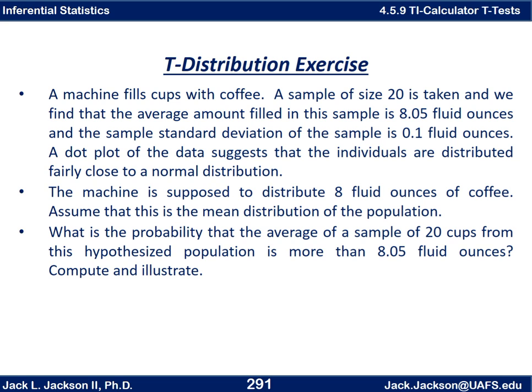A dot plot of the data suggests that the individuals are distributed fairly close to a normal distribution. Or perhaps we did a normal probability plot and found that was true. The machine is supposed to distribute 8 fluid ounces of coffee. Assume that this really is the mean of the distribution of the population. What is the probability that the average of a sample of 20 cups from a hypothesized population is more than 8.05 fluid ounces?